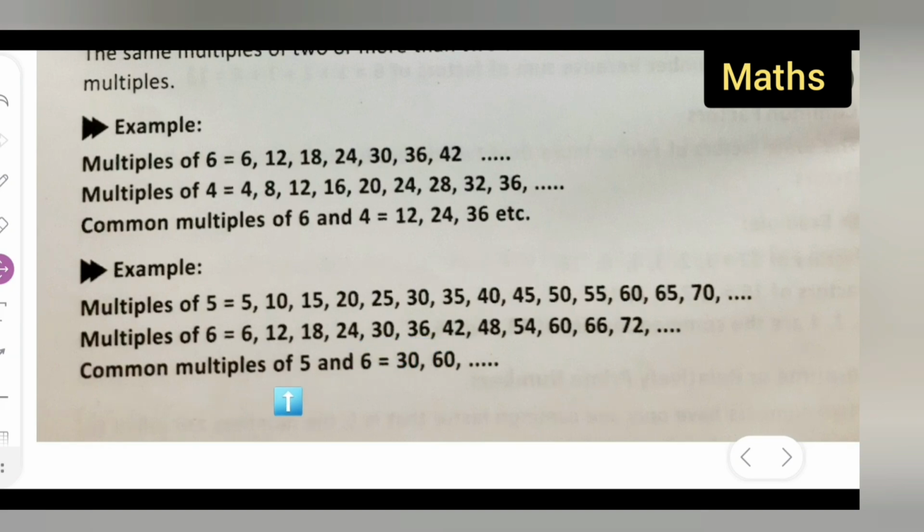So the common multiples of 5 and 6 will be what? 30 is common and 60 is common in both. So finally, the common multiples of 5 and 6 are 30 and 60 and so on. I hope you all have understood this chapter.